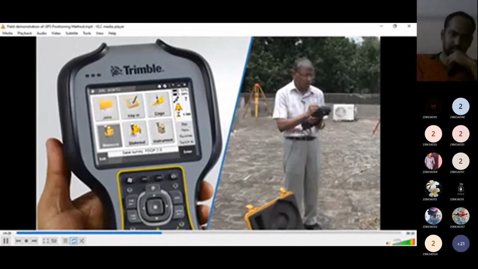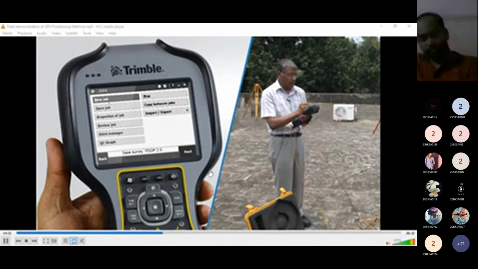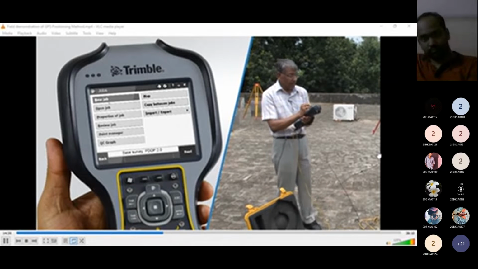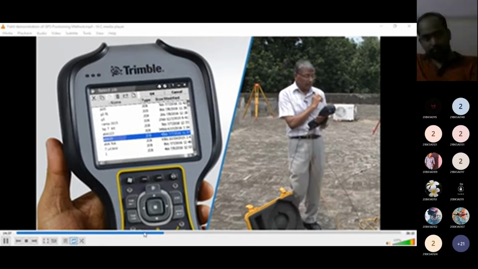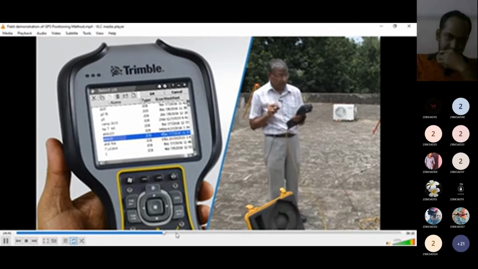So start with a job. Usually we go for a job which is already opened and where the data for the reference receiver is already there.